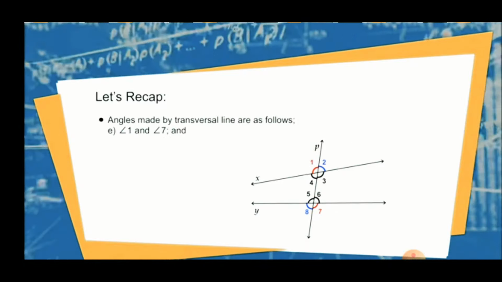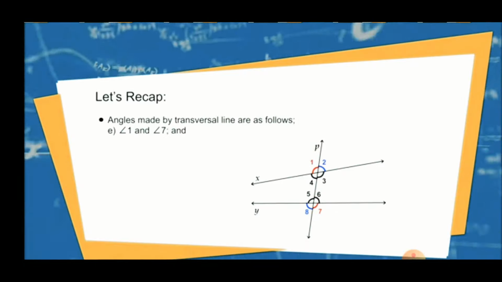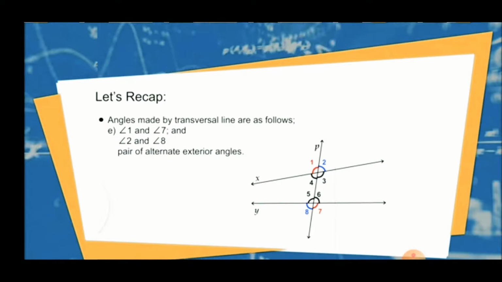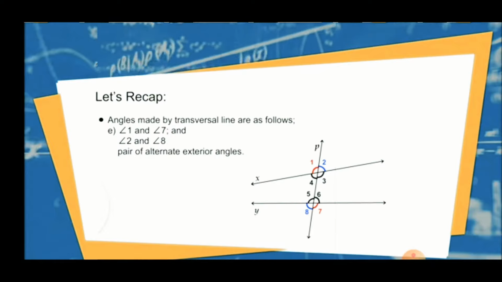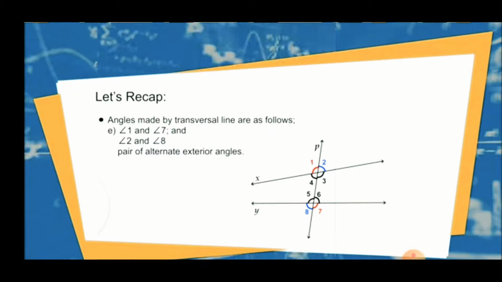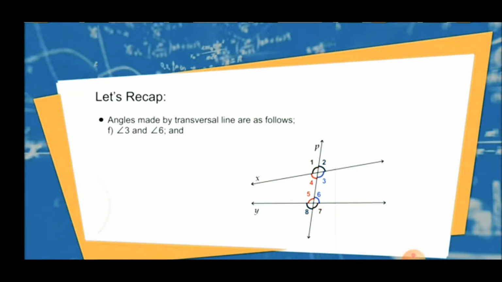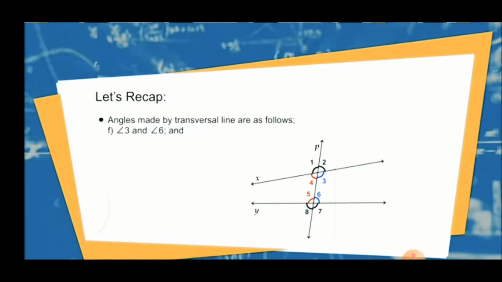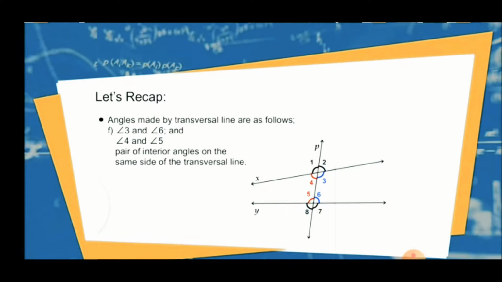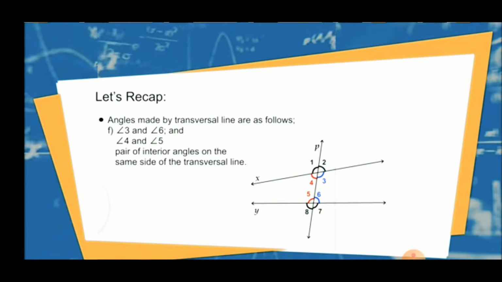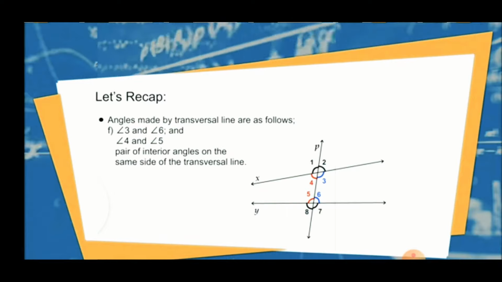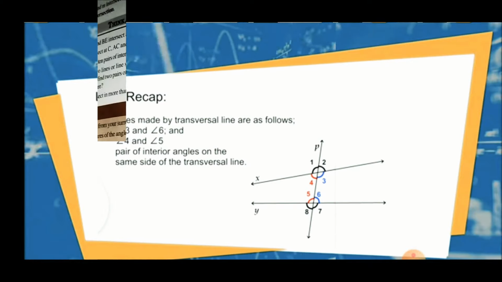E, angle 1 and angle 7, and angle 2 and angle 8 are called pairs of alternate exterior angles. F, angle 3 and angle 6, and angle 4 and angle 5 are called pairs of interior angles on the same side of the transversal line.